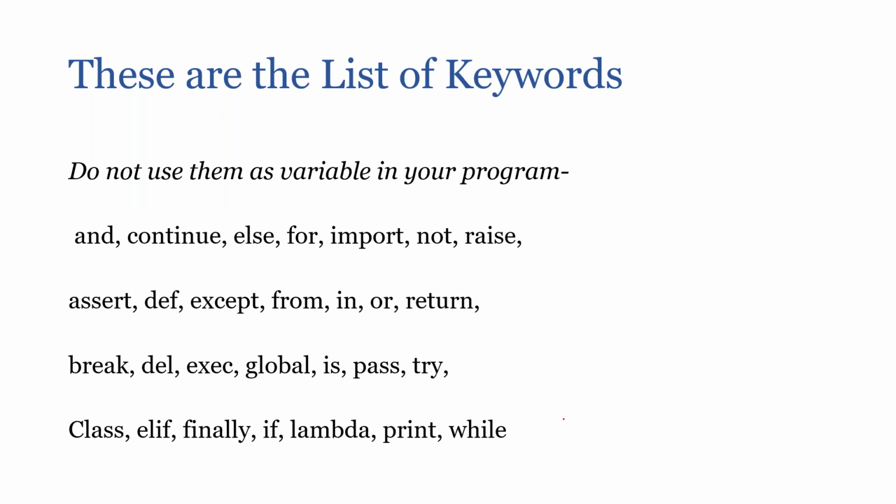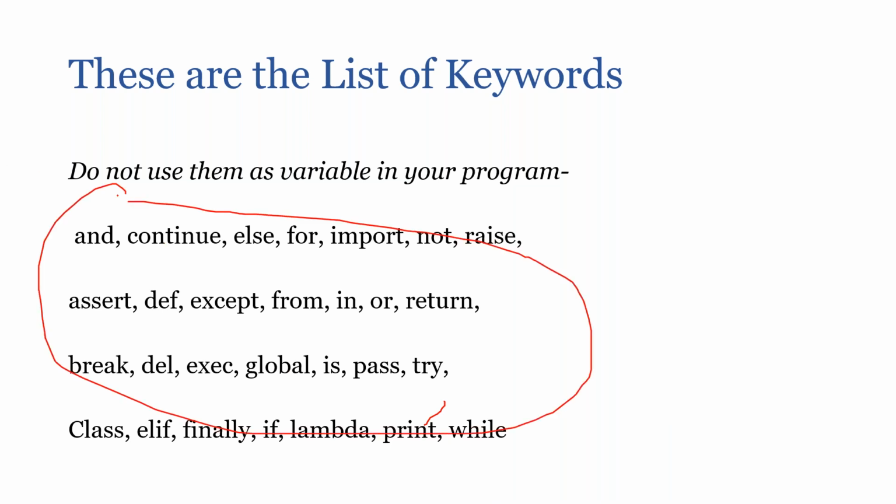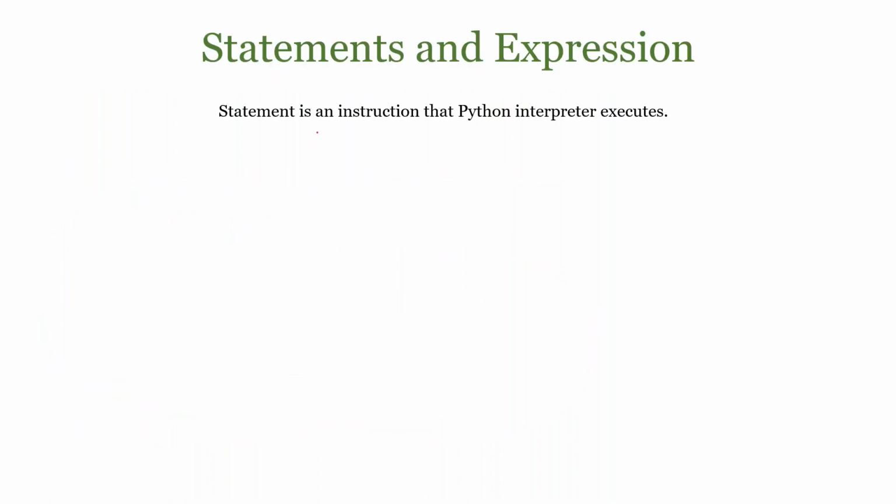So what are those keywords? The list of keywords is here. We are not going to discuss it here. Simply you should not use any of these keywords, because they are for particular purposes in Python. If you name your variable with one of these keywords, Python will give you an error. Okay, now the statement and exposition, this is a little bit complex, but we can handle it.